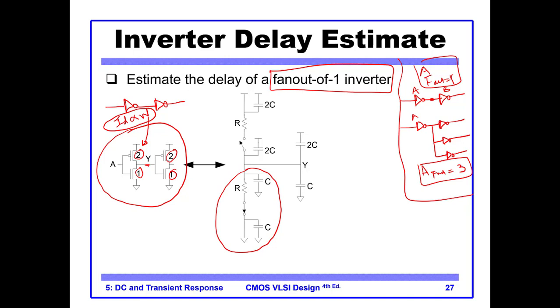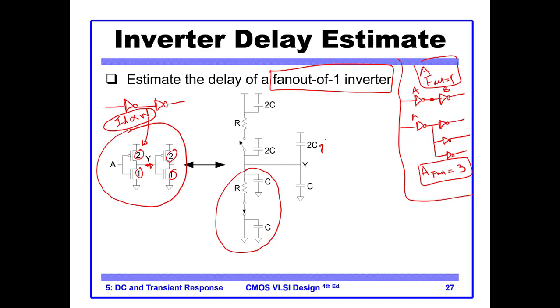So you see, at this point, if we are looking into the second NOT gate, our circuit will only see the gate capacitance.